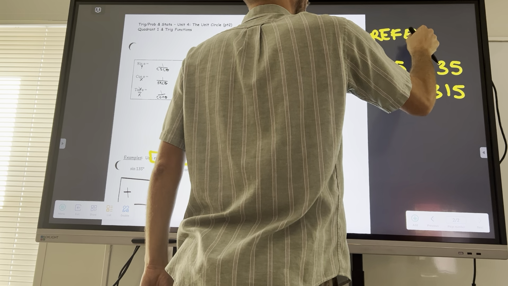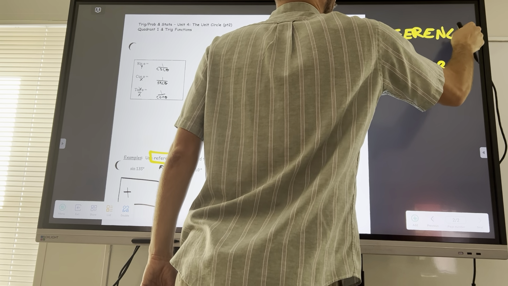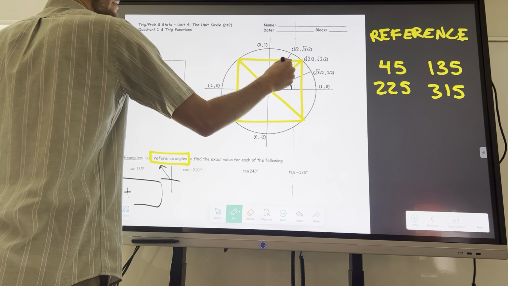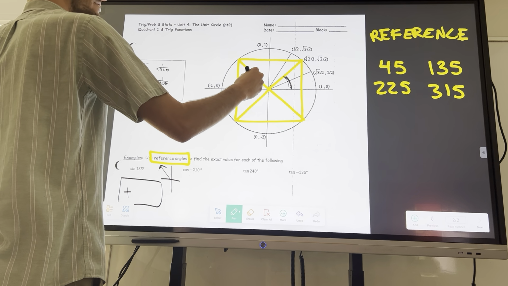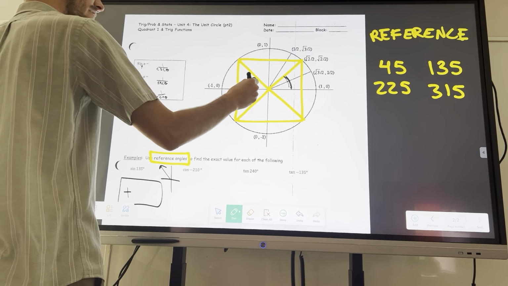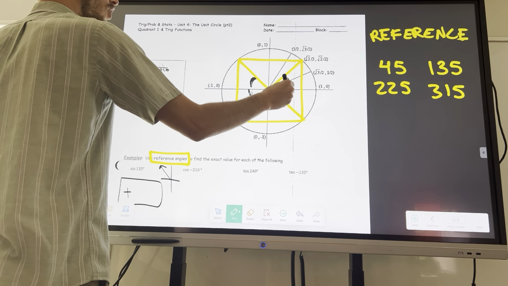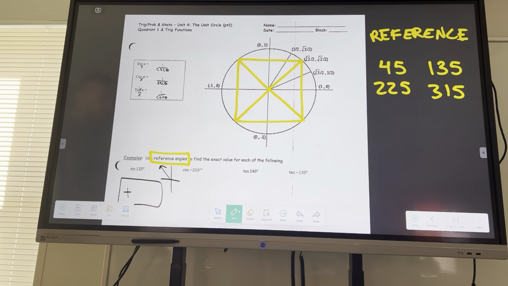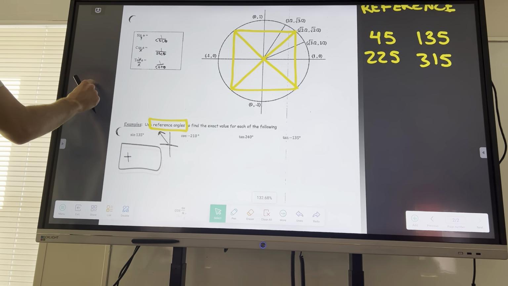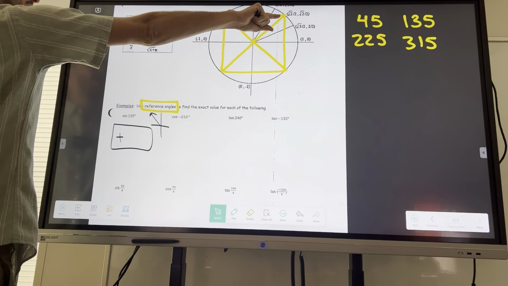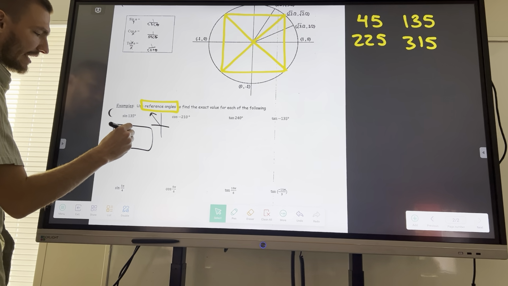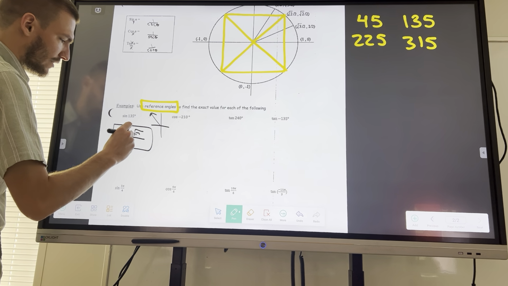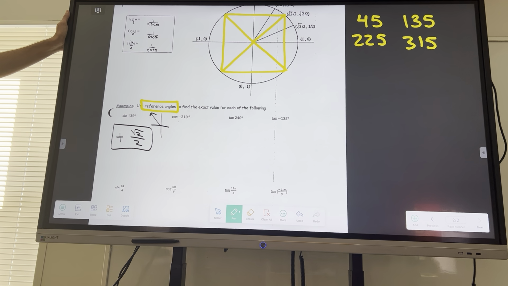All of these share the same reference angle: 45 has a 45-degree reference angle, 135 has 45 degrees, and 225 has 45. When you have the same reference angle, it works. So we're thinking about reference angles and groups today. 45 is square root 2, and so my answer here is square root 2 over 2.